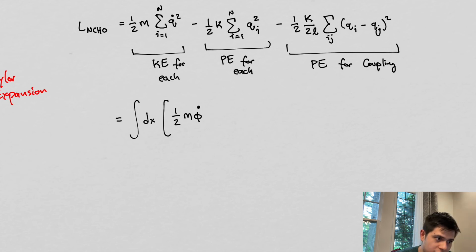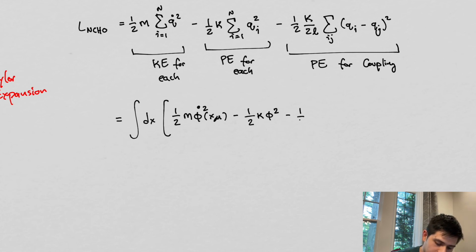Here are the derivatives of phi, and again, they are a function of space and time. And we have 1/2 k phi squared like this, and this has to be squared.